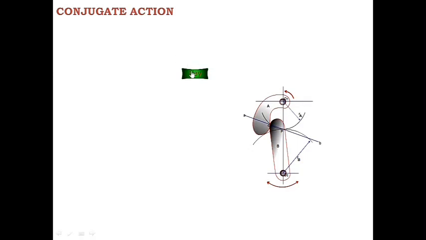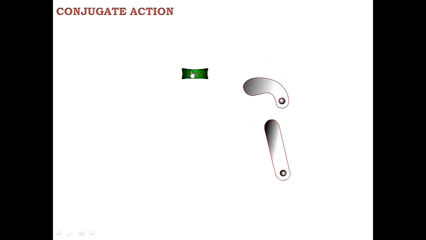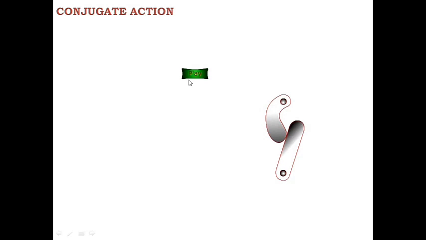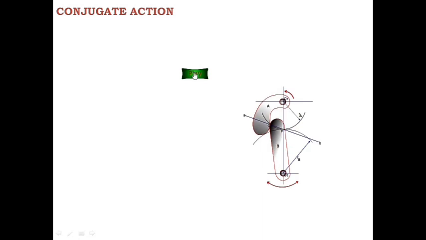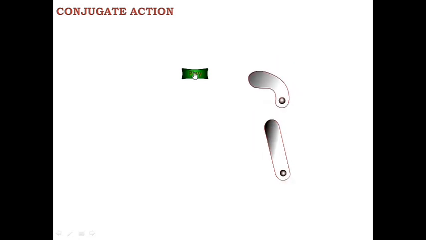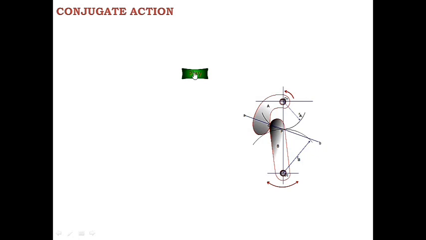In the animation, you can see one curved surface pushes against another. The point of contact occurs where the two surfaces are tangent to each other, and the forces will be directed along the common normal, which is also called the line of action or the pressure line.